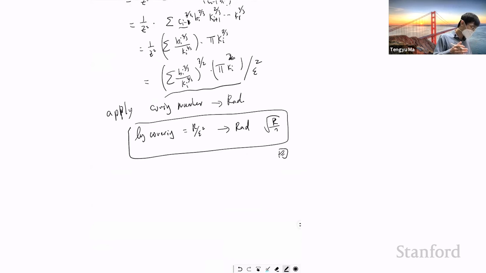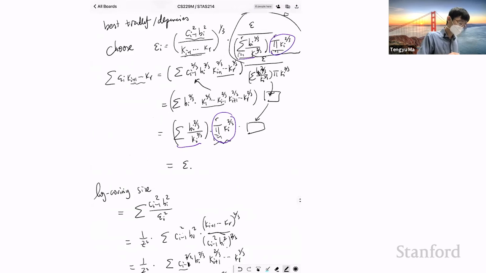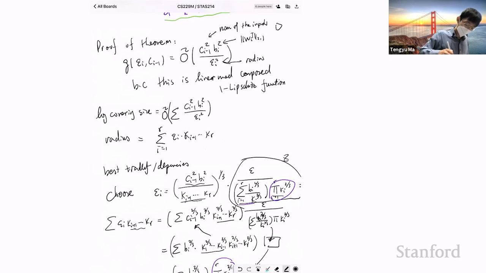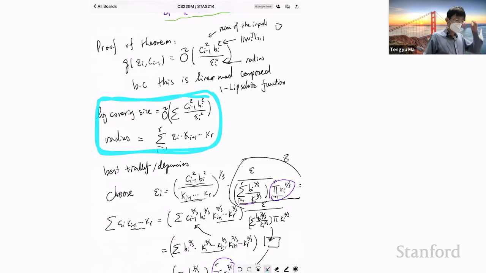So basically, the question is, you care about the trade-off between these two.